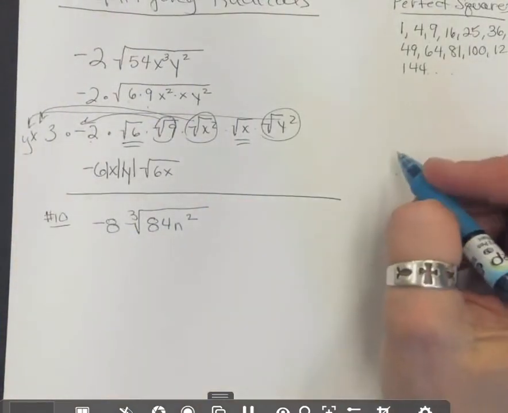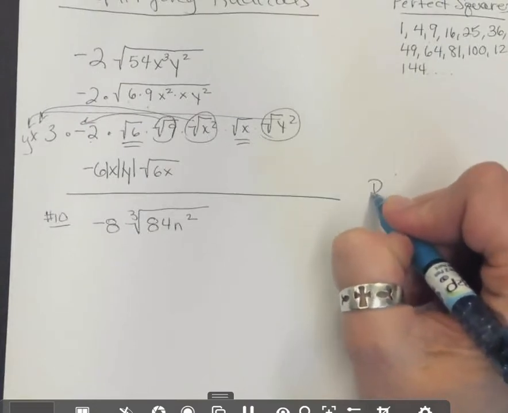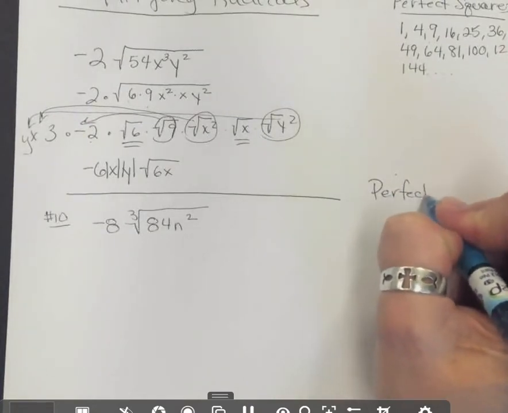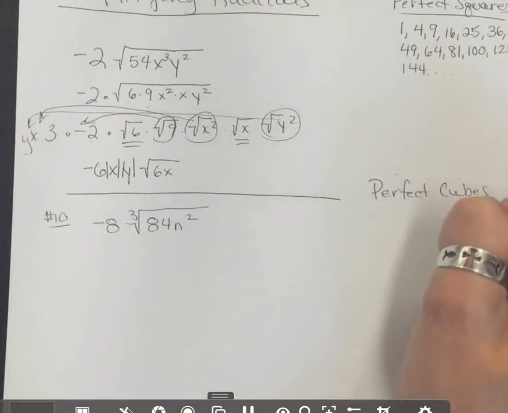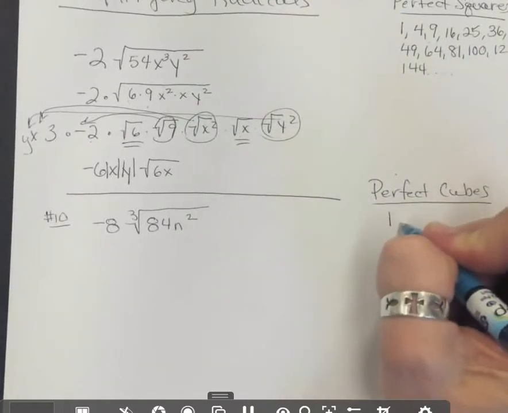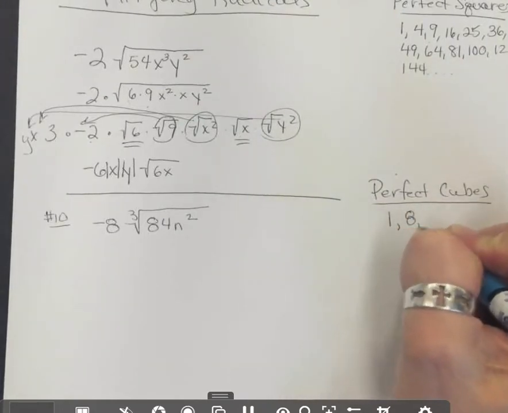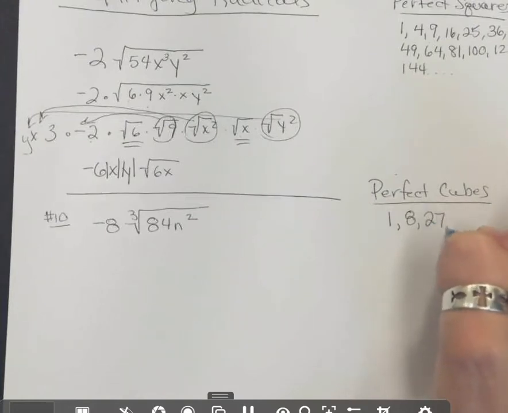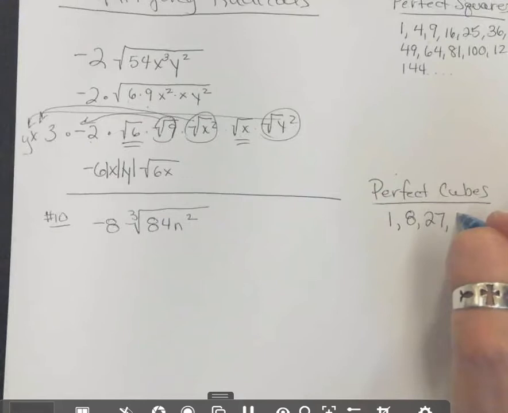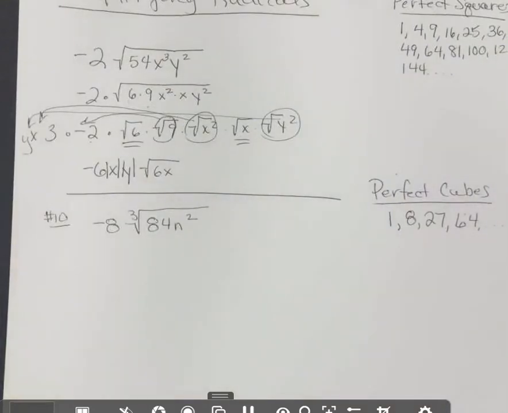So let's think about our perfect cubes. Perfect cubes, 1 cubed is 1, 2 cubed is 8, 3 cubed would be 27, 4 cubed would be 64, and we can go on from there.